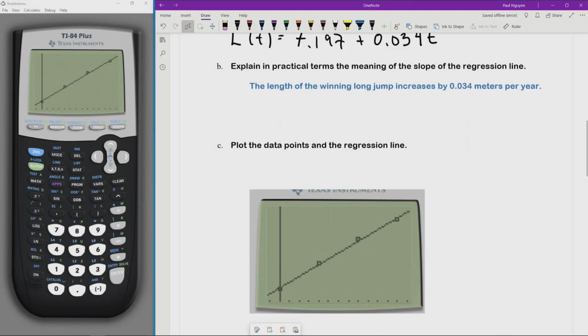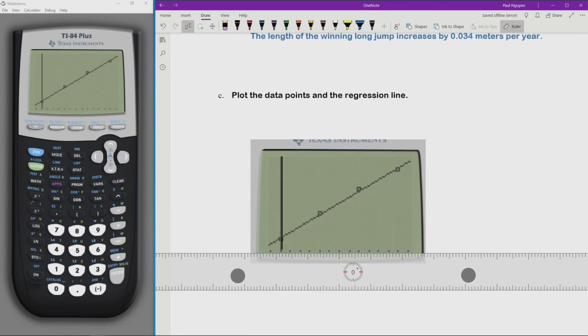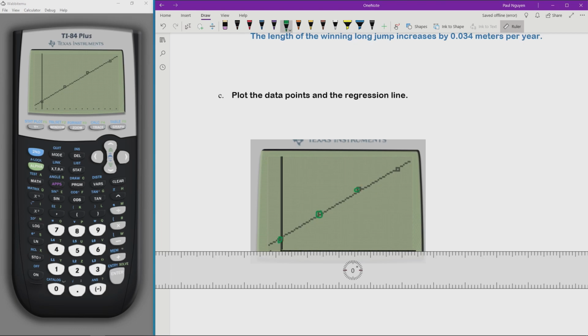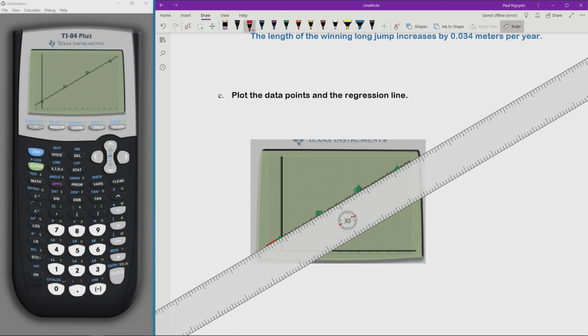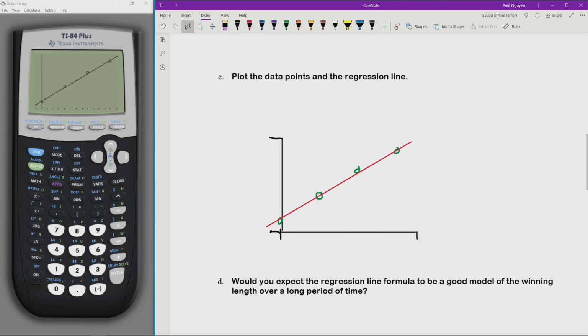Let's draw this. I'm not done with my graph. I have to make sure I label all the axes. In this case, the variable is t, and that's in years since 1900. And our function is L, which is in meters.